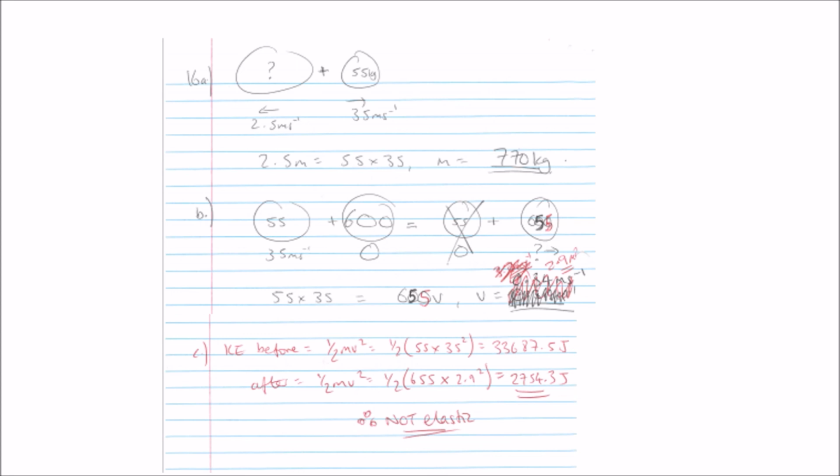Then combine that with the second part of the question, and looking at my scribble, I've come out with a new velocity of 2.9. You might want to double check that. Do the same thing to work out if it's elastic or inelastic. Work out the half mv squareds before and after. They are different, look, so it's not elastic.